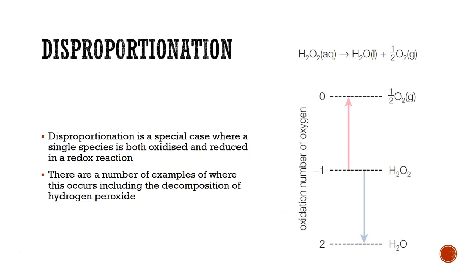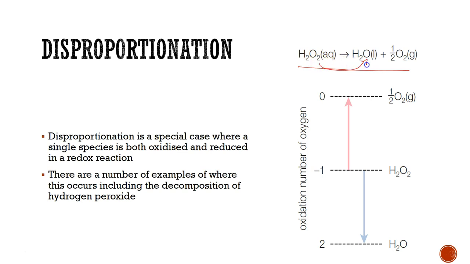Okay, just a quick note on disproportionation. We don't see this very often, but essentially just be aware that there are reactions where a single species, usually a decomposition reaction, can undergo both oxidation and reduction. If we look at the hydrogen peroxide example here, oxygen in this case, remember it's our exception, starts at -1.